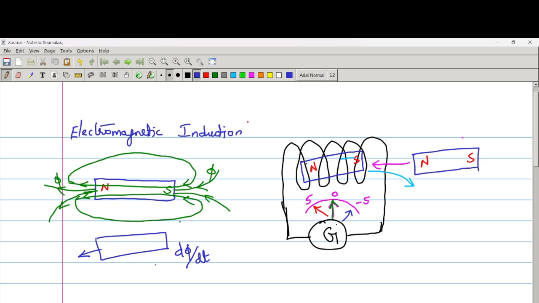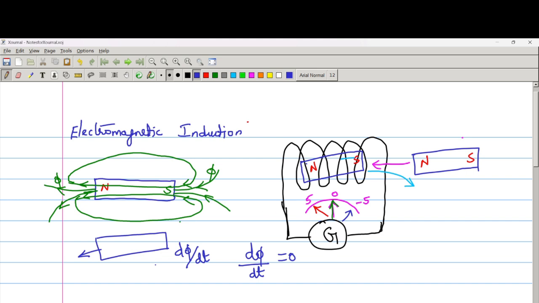At the same time, if we keep this magnet in this particular position without any movement, we can say that the rate of change of flux with respect to time is equal to 0. Similarly, when we take it out, again the rate of change of flux with respect to time will increase.